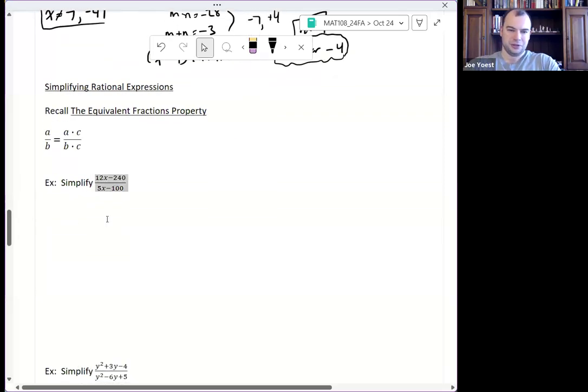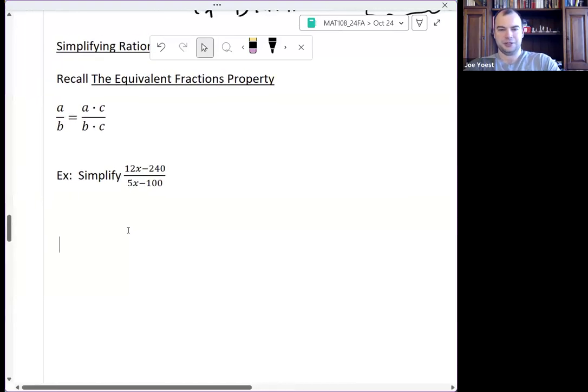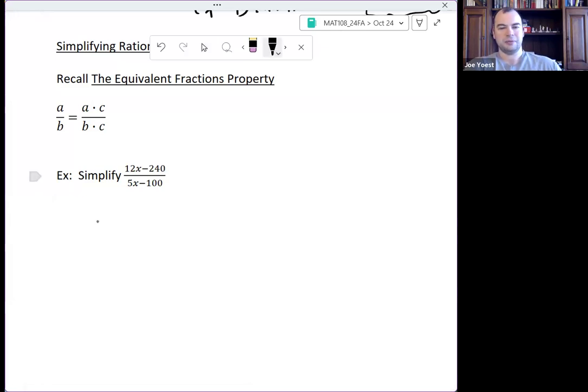So for instance, if I wanted to, let me zoom in a little bit so these fractions are a little easier to see on your screen. If I wanted to simplify 12x minus 240 divided by 5x minus 100, what I might do here is start searching for common factors between the numerator and denominator. In other words, I might take the numerator, completely factor it, do the same for the denominator, and look for factors that divide out.